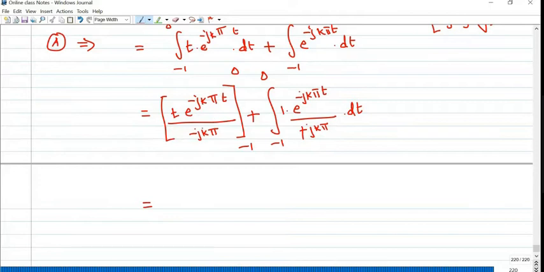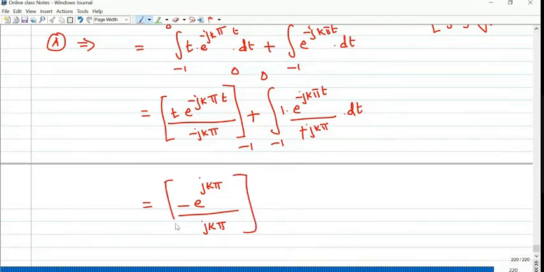So according to the formula, minus of this minus plus, but t replacing minus 1. So minus 1 e power t minus 1 e power jk pi divided by jk pi. Correct. T 0. If we substitute t equal to 0, e power 0 1, but 0 dot anything 0.